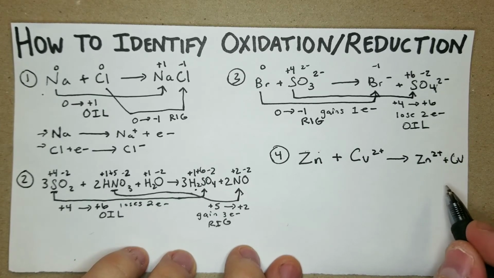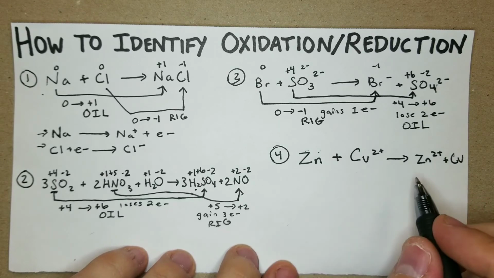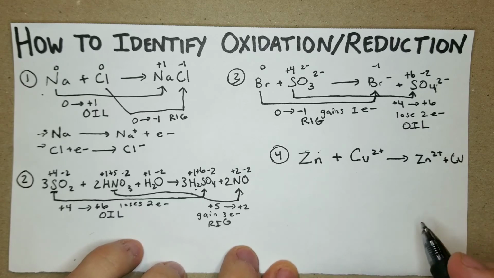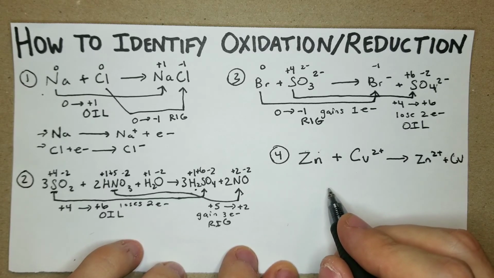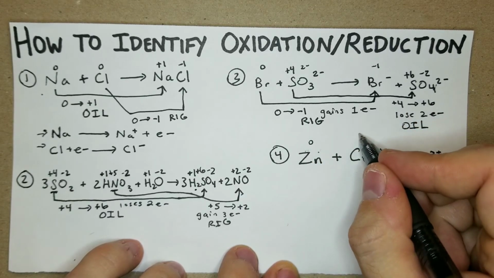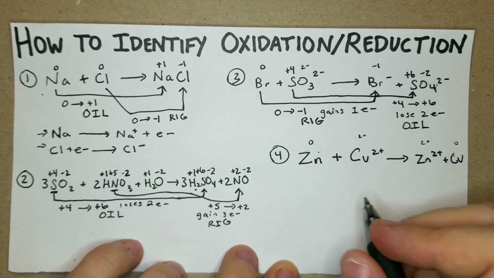This is kind of an odd one because they're not necessarily merging, it's more of a transfer of electrons, but we can still break it up like we did. This is kind of like a simplified way to look at it. This we can assume is a 0 because it's alone. This is obviously a 2 plus, it's alone, becomes a 2 plus, and this is 0.